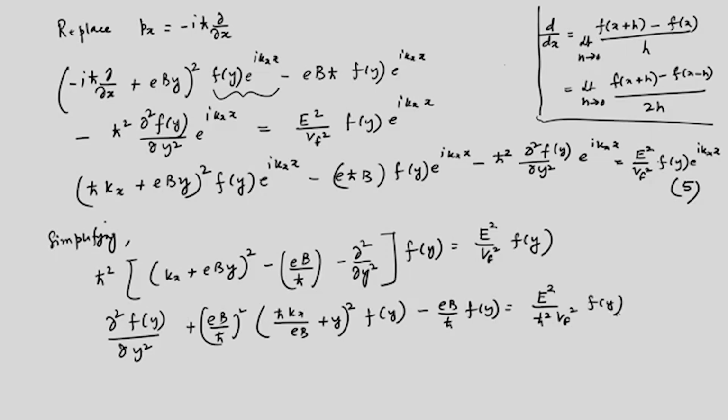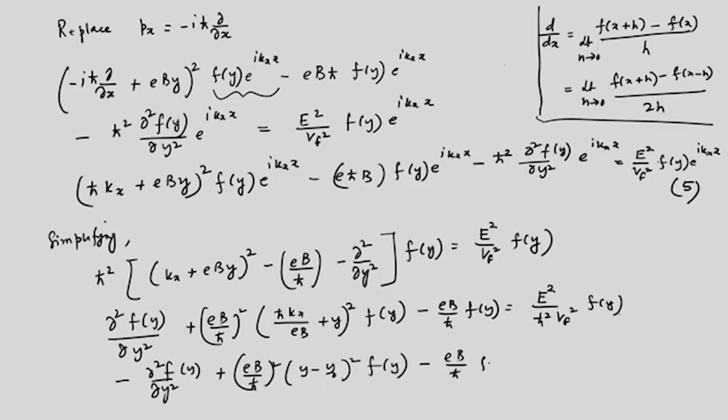Okay. So, this is the further simplified form, and finally, we can also write it as, just changing the sign there, minus ∂² plus (eB by ħ) squared (y minus y0) squared f(y) minus eB by ħ f(y) equal to e² by ħ² v_F² f(y).